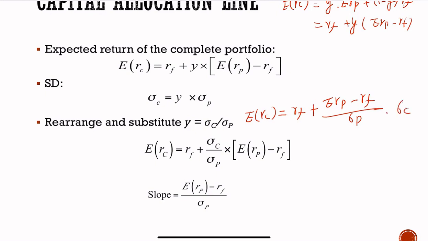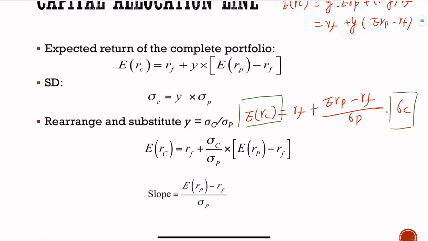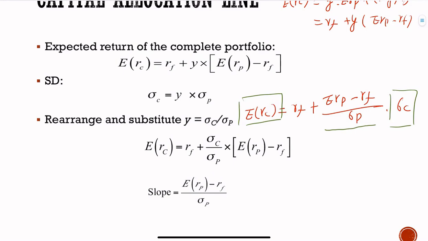So our focus here is these two guys, right? As I said, you want to understand how the return of the combined portfolio and the volatility of the combined portfolio are related. And then you can see that this guy basically gives you the slope of this capital allocation line.